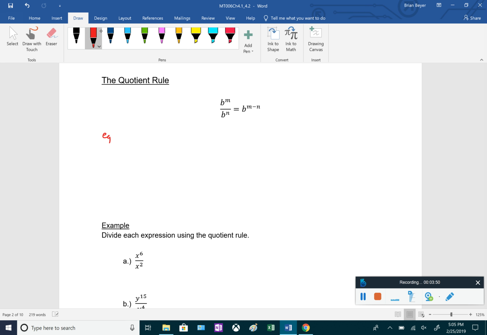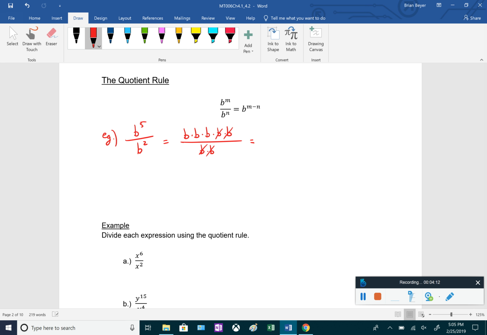To get an idea of why this is, let's say we had b to the 5th divided by b squared. B to the 5th is 5 b's being multiplied. B squared is b times b. So 2 b's in the numerator and denominator are going to cancel each other out.